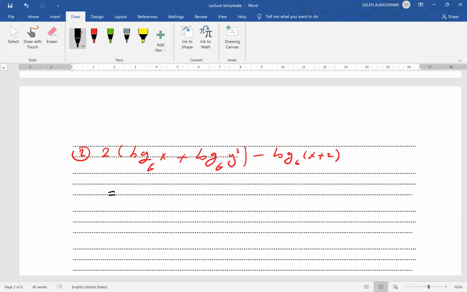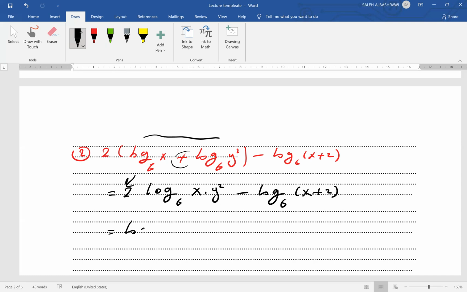What is inside the bracket? We'll start with this bracket. I have 2, and since we have a plus, I can write it as a product, a single logarithm. So this is a logarithm of 6, and since we have a plus, it will be x times y squared, minus log 6 of x plus 2. Now, using the power property, this is now a power.